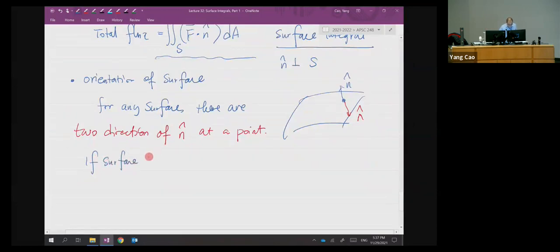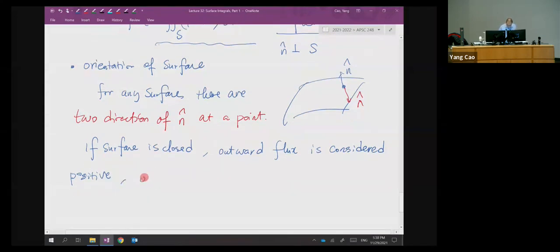If the surface is closed, for example a closed spherical surface, or maybe a box, then our flux is considered positive in the outward direction, in other words our n hat is the outward one.